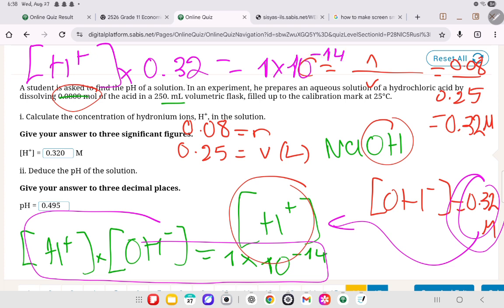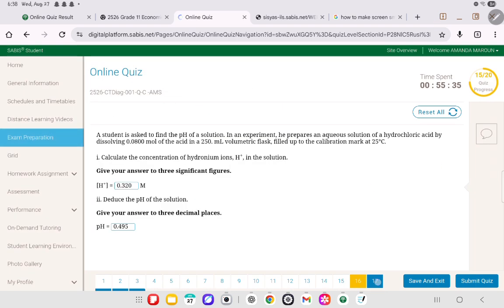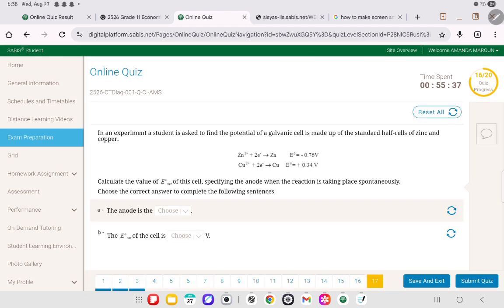So move it to the other side. The concentration of H plus is then 1 times 10 to the power of minus 14 over 0.32. You will get an answer that the concentration of H plus is 3.125 times 10 to the power of minus 14. This is really simply like another case which I'm sure might be coming. We're not sure, but they might get something different in order to trick us.